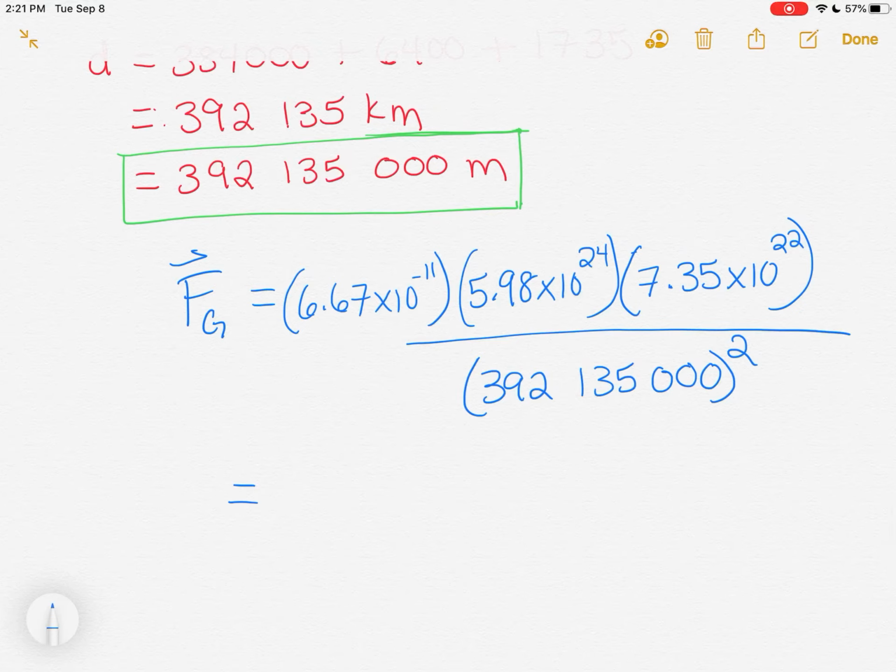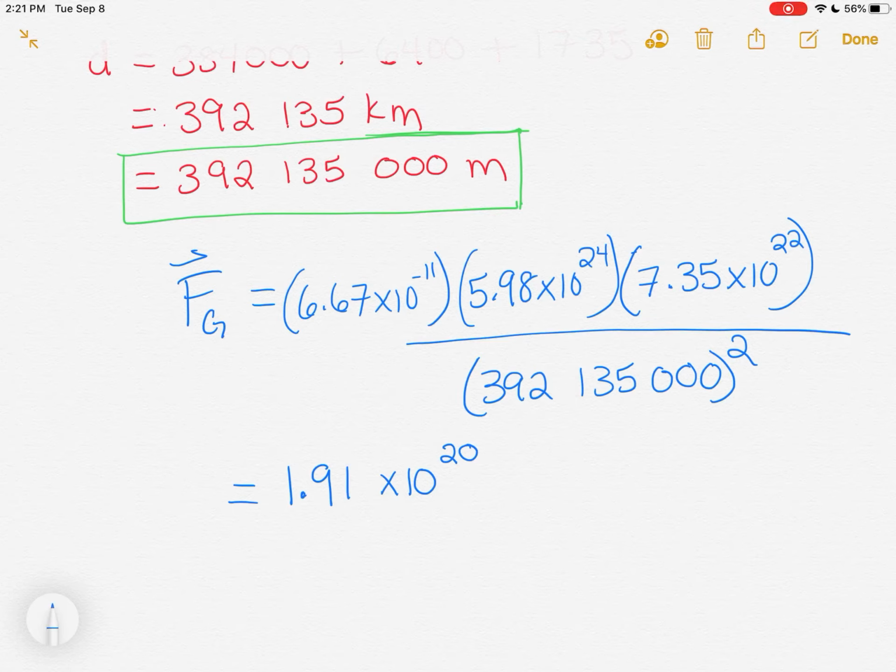You want to get really comfortable with brackets on your calculator. So I'm just plugging this into my calculator right now, and I'm getting a value of 1.91 times 10 to the 20.